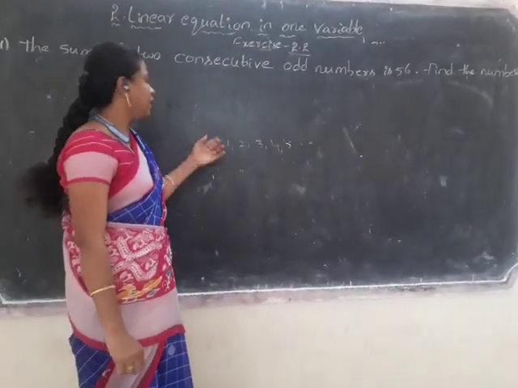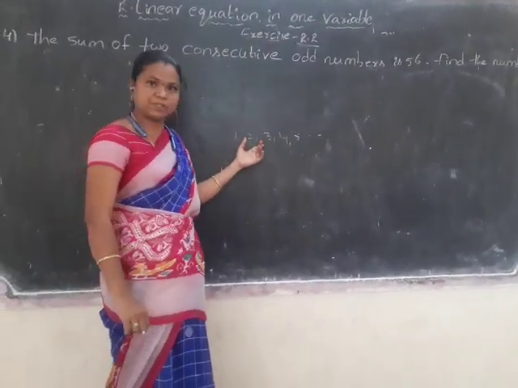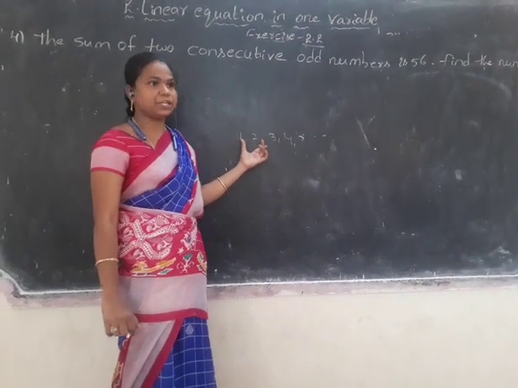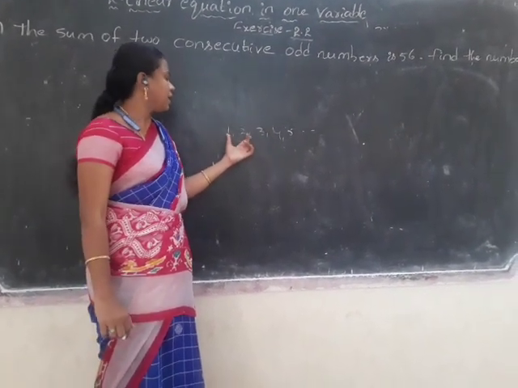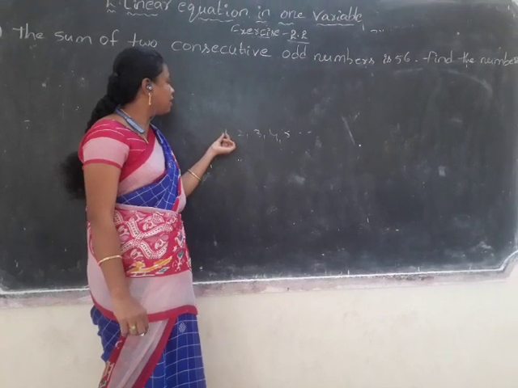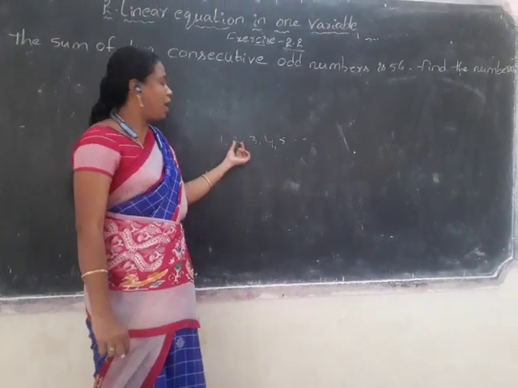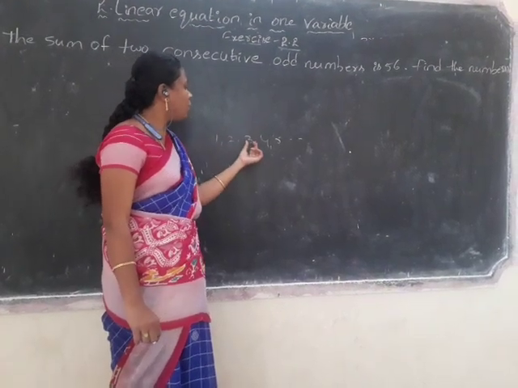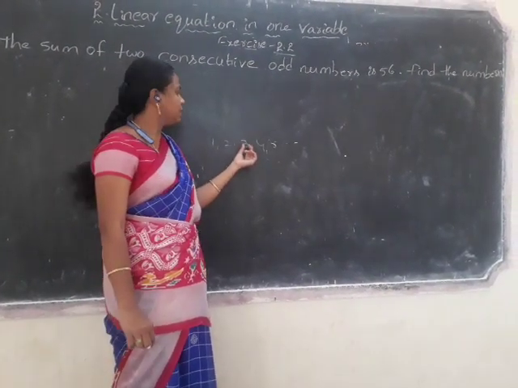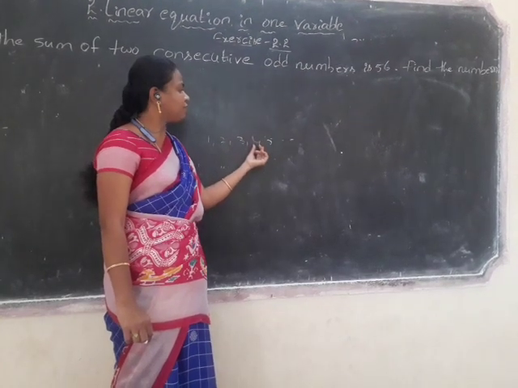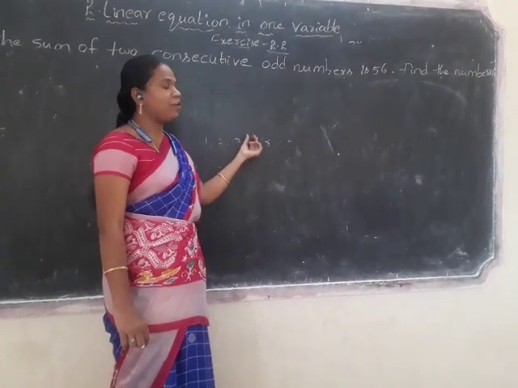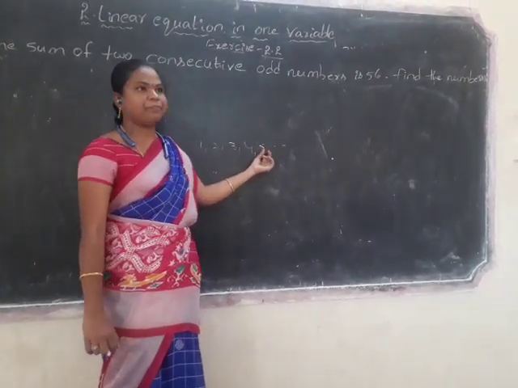Okay students, here is a consecutive series. Like 1, we add 1 to get 2. Now we add 1, we get 3. 3 plus 1, we get 4. 4 we add 1, we get 5.